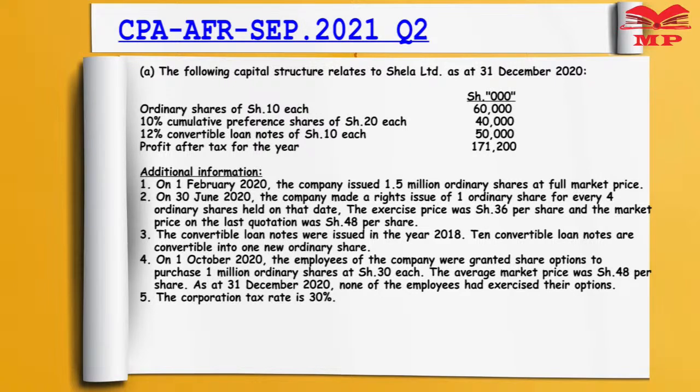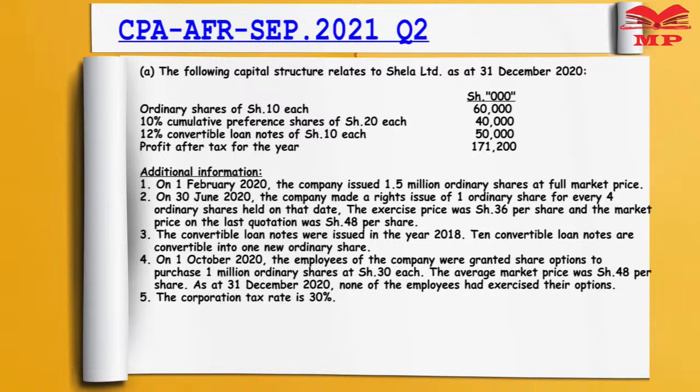3. The convertible loan notes were issued in the year 2018. 10 convertible loan notes are convertible into 1 ordinary share. 4. On the 1st October 2020, the employees of the company were granted share options to purchase 1 million ordinary shares at 30 shillings. The average market price was 48 per share.